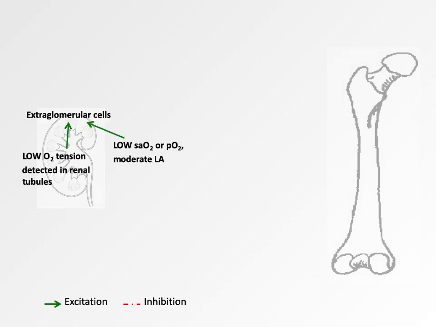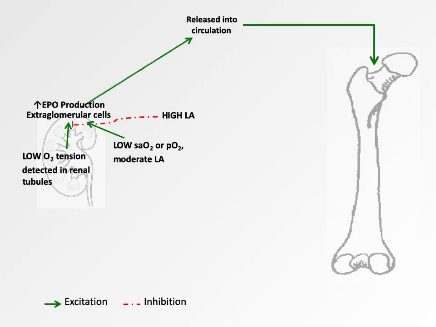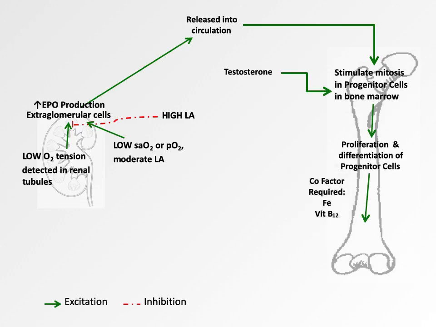So let's take a look at the EPO cycle regulating the pathway here. The juxtaglomerular cells of the kidneys will end up sensing a low O2 tension or a low oxygen saturation within the plasma. At the same time, it's going to have a detection for lactic acid.